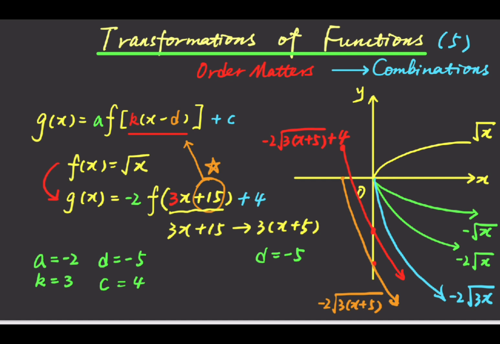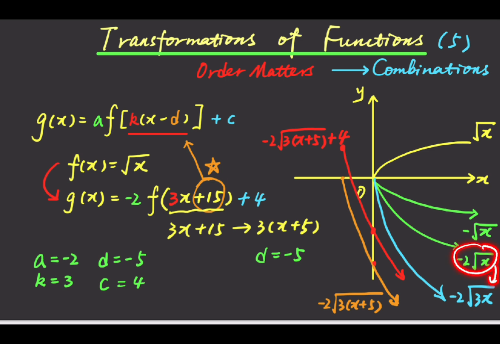So let's summarize the order. You need to apply transformations represented by the parameters a and k first, always before transformations represented by the parameters d and c. So here, from this one to this one, you do the transformations represented by a.